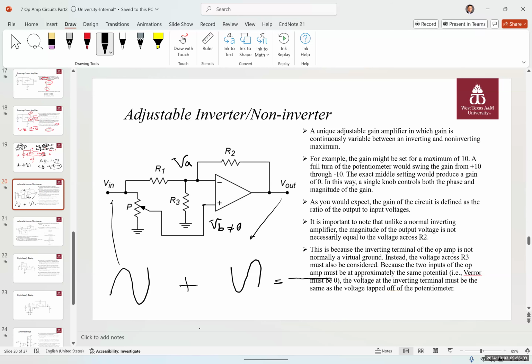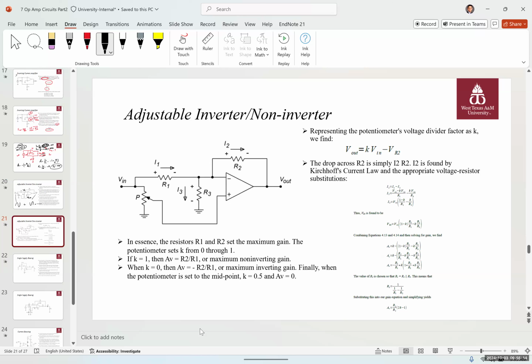And actually, the gain is determined by a factor of K. And the way that the output is calculated is using this equation: V out is equal to K Vn negative minus VR2. K is between 0 and 1. When K is 0, the gain is going to be equal to negative R2 over R1, so it's an inverting amplifier at its maximum.